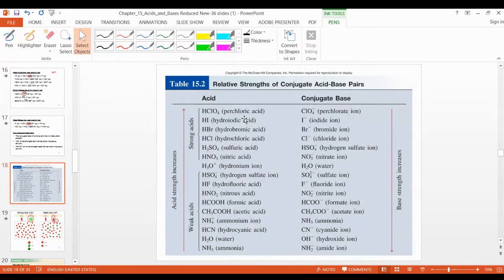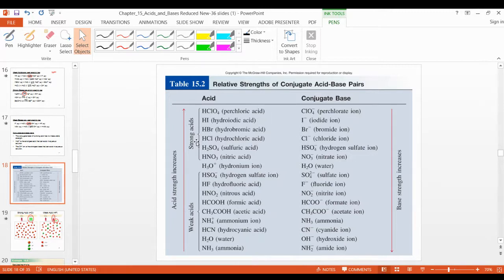These are the acids and conjugate bases. It is very clearly written here. The acid strength increases from the bottom to the top. These are the strong acids: perchloric acid, hydrochloric acid, hydrobromic acid.